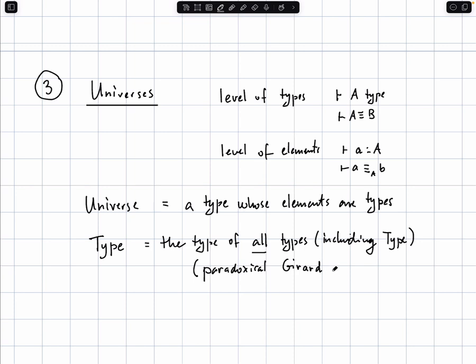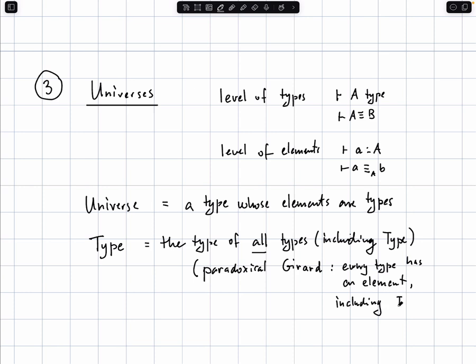It's paradoxical in the sense that if you have a type which contains itself, then you can show that every type has an element.